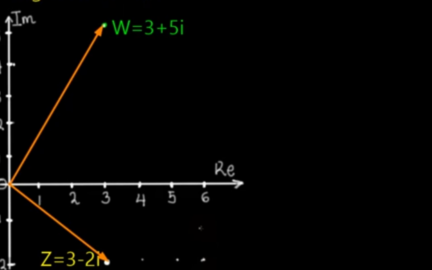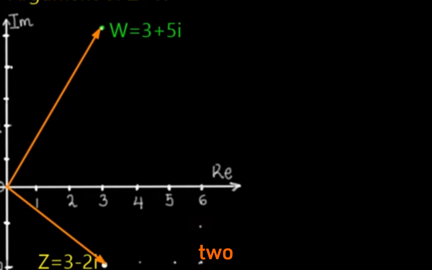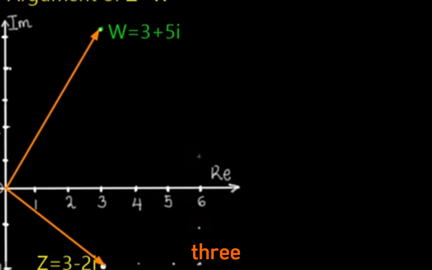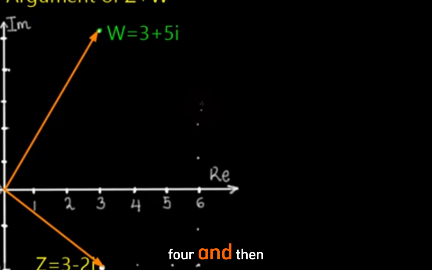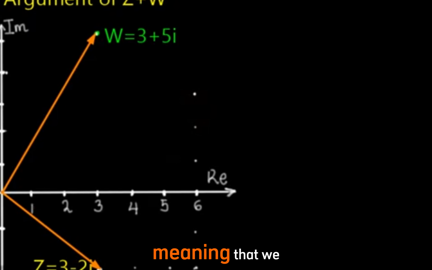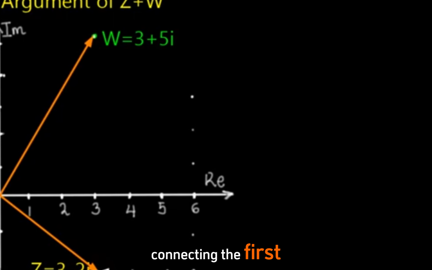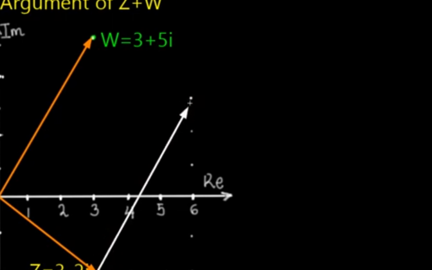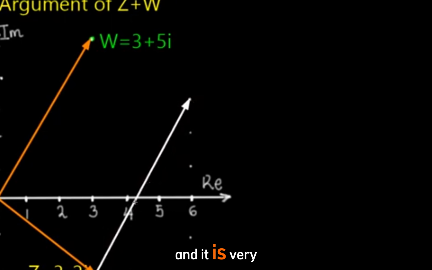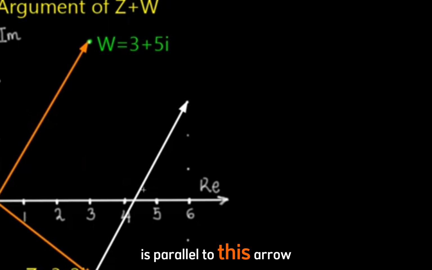From there, we move 5 units upwards, which is 1, 2, 3, 4, and then 5. Okay, meaning that we need to draw an arrow connecting the first dot and then the last dot. And it is very clear that this arrow is parallel to this arrow.